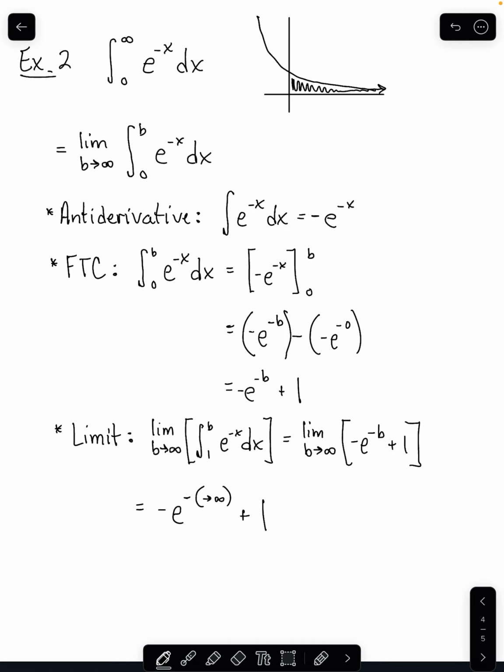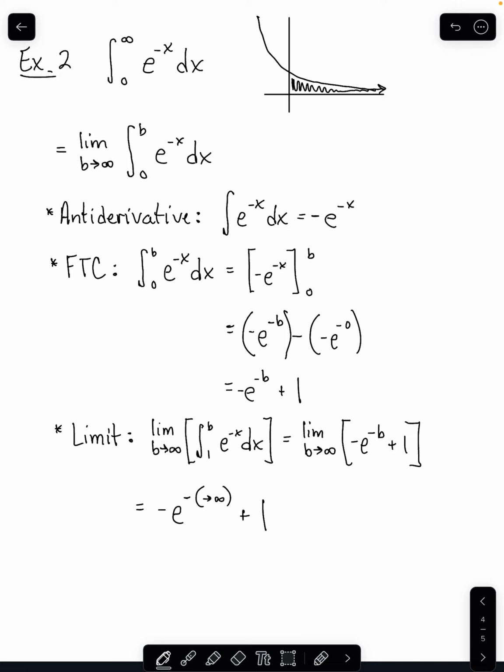That means that we're going to be dealing with a larger and larger exponent, but it will be a negative exponent due to the negative in front of this.